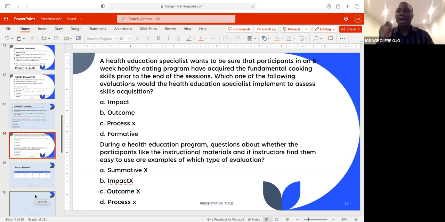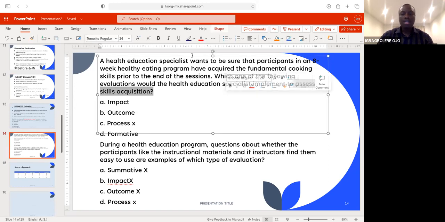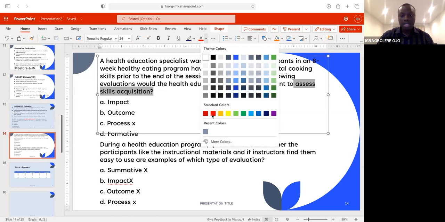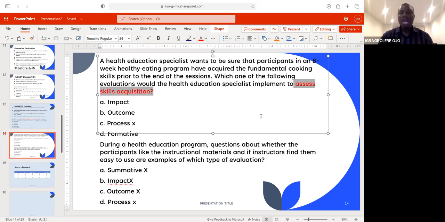Understand what the key terminologies are, okay? So, cooking skills prior to the end of the sessions. Which one of the following evaluations would the health education specialist implement to assess skill acquisition? So the question is asking you, how do you assess skill acquisition? That is a key component, number one.